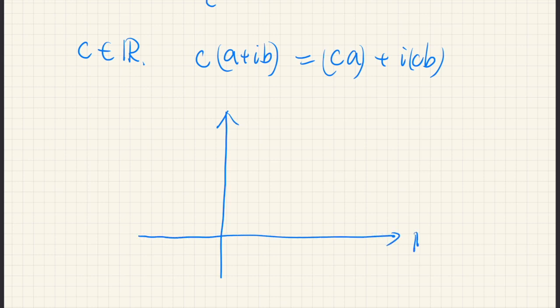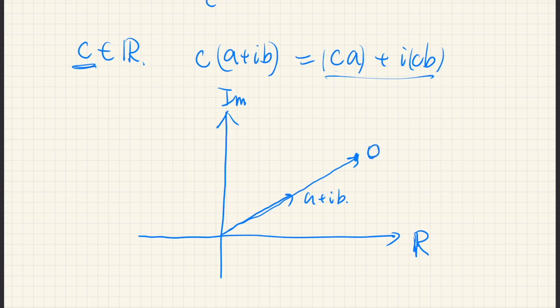Again, this is the real axis and this is the imaginary axis. If we have this point, a plus ib, and c is positive and greater than 1, then this point means an extension of this arrow to some point. The point is ca plus icb.